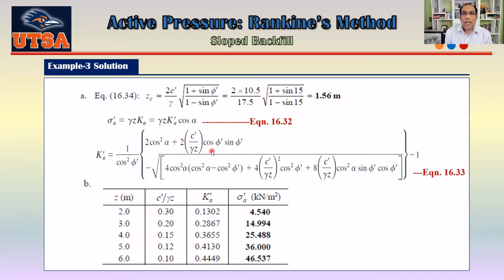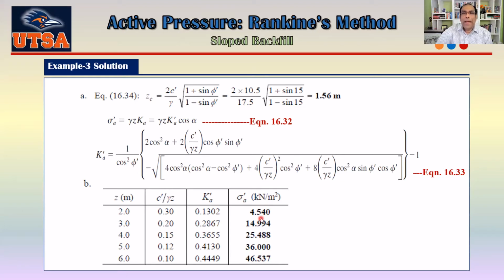So I'll just ask you to use the Excel file that I posted there to find out your Ka prime if you have any problem like that. Okay, once you get your Ka, then basically you just plug that one in this equation here, gamma Z Ka prime cosine alpha, then basically you will get this column here.